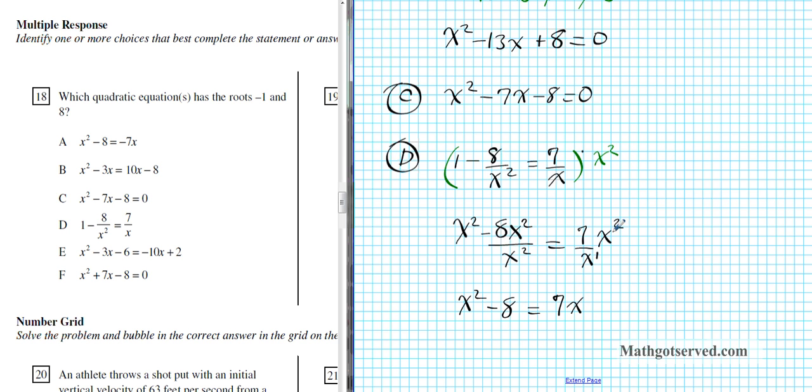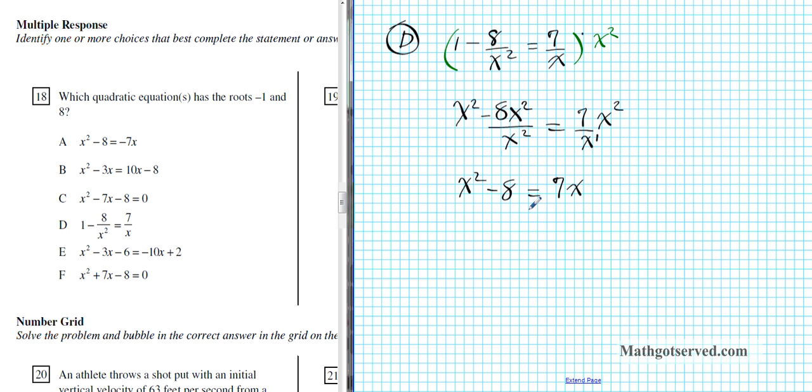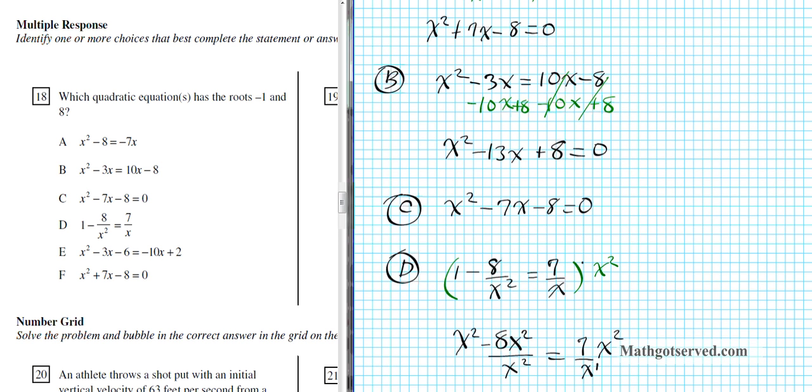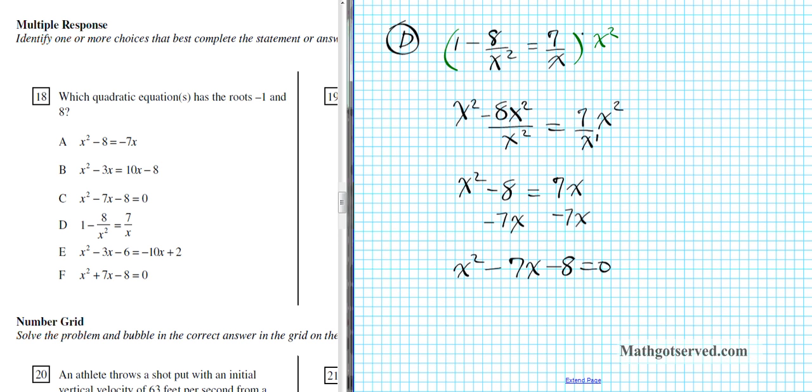This x cancels one of the x's in the x squared. To put this in standard form, we subtract 7x from both sides. And then we have x squared minus 7x minus 8 equals 0. If you notice, this actually matches with option letter C. So we have two matches right now, C and D.